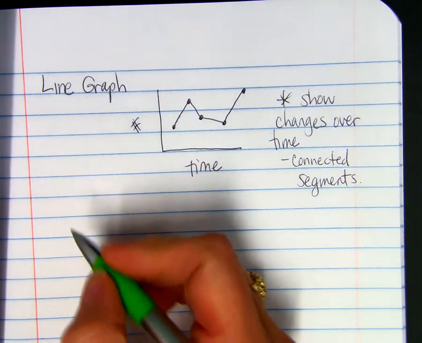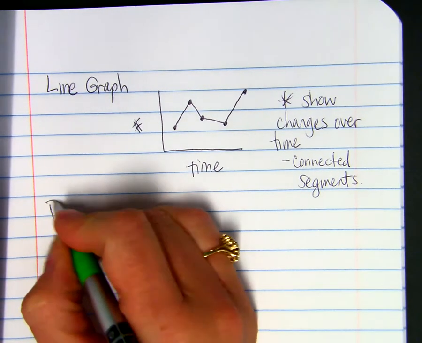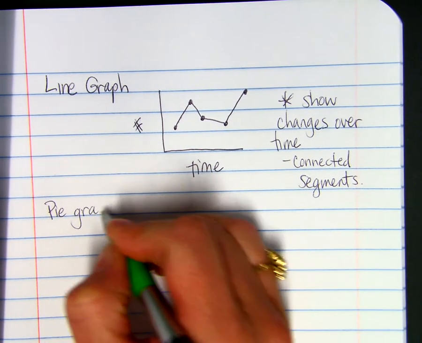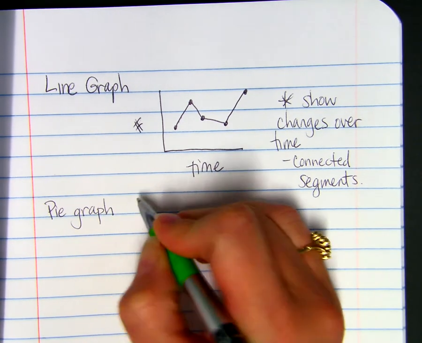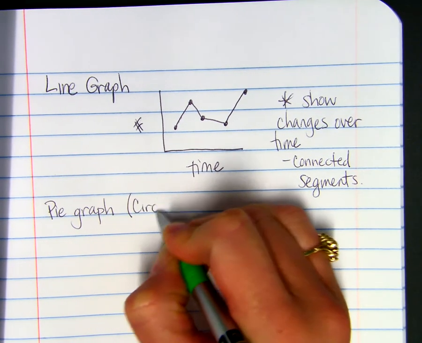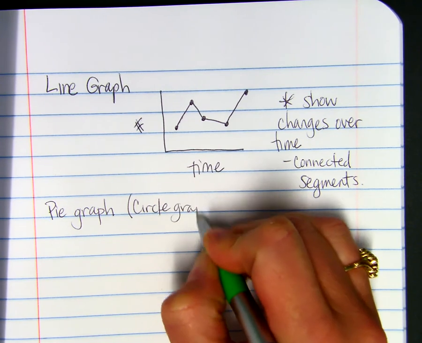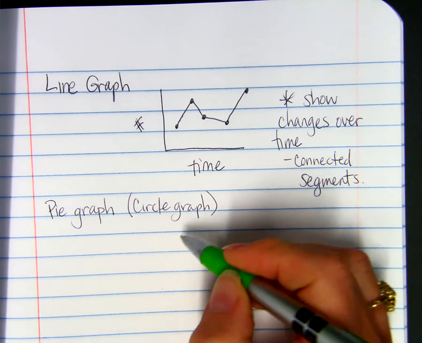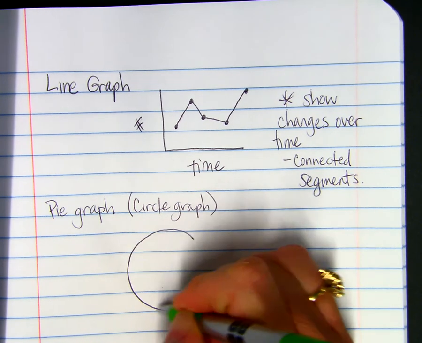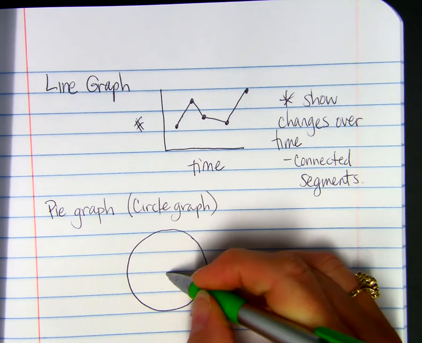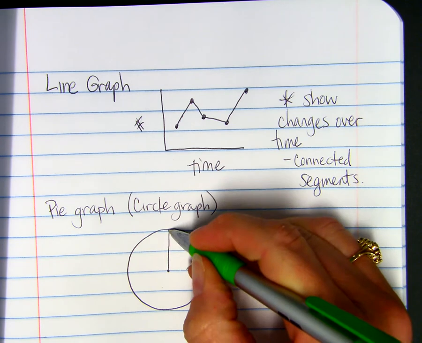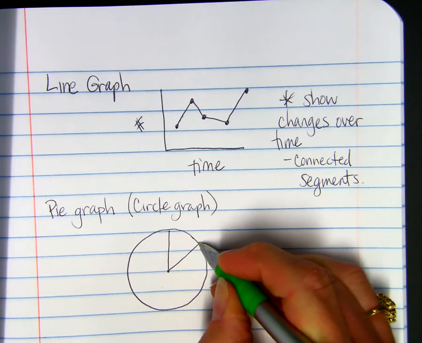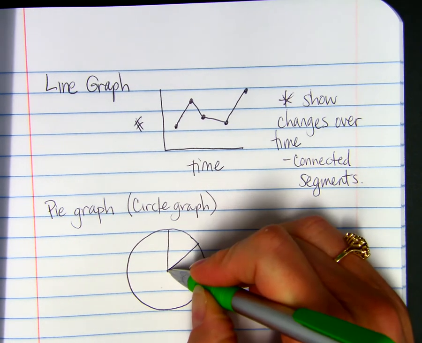And then we have one called a pie graph or pie chart, and sometimes it's called a circle graph. So we would have a circle divided up into sectors.